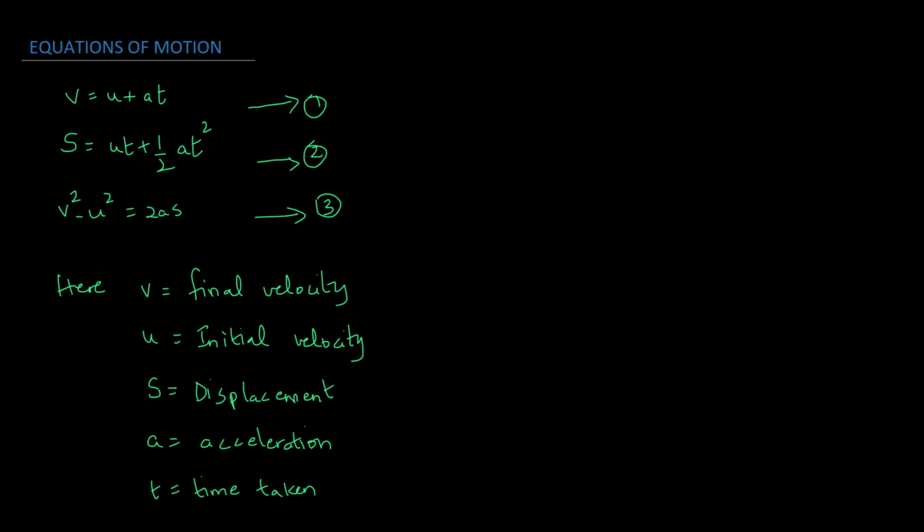For better understanding, let us consider position A of an object. It has to move from position A to position B. Here's an object which is moving from rest. So this is its initial position and this is its final position.